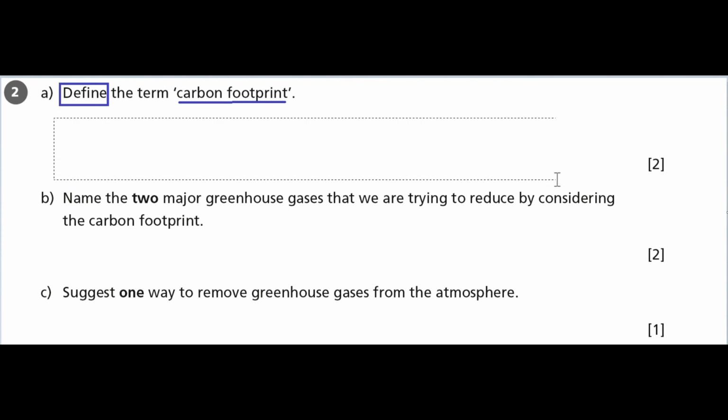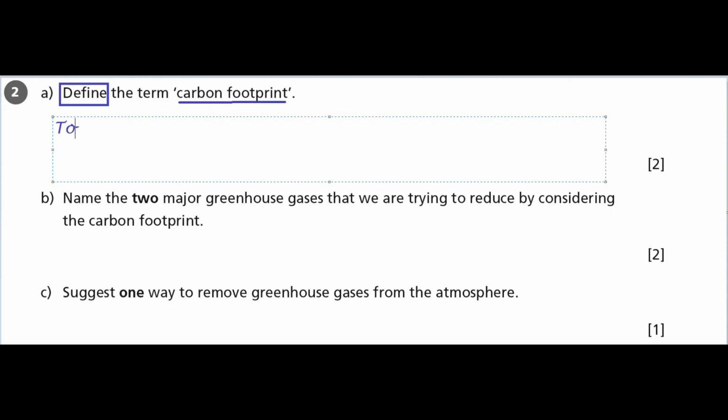It is the amount of greenhouse gases, so that's carbon dioxide and other greenhouse gases, that is given out from the full life cycle of a product, service or event. It's the total amount of greenhouse gases.